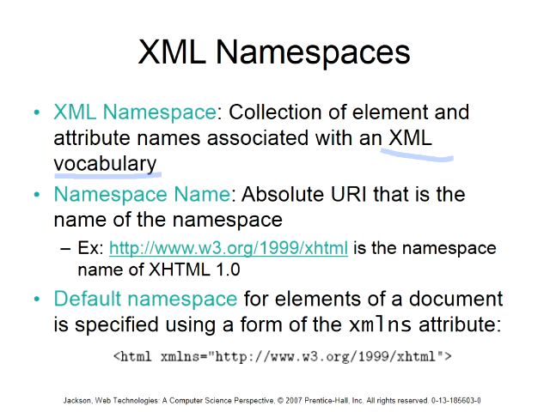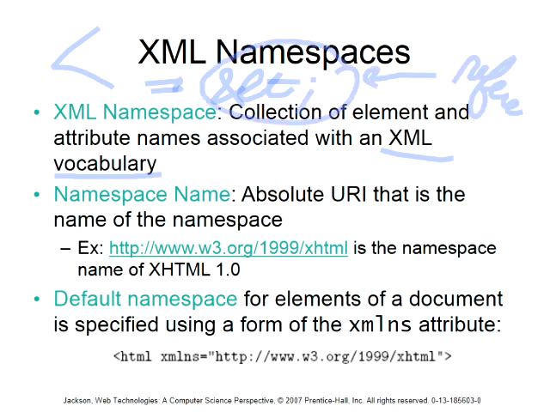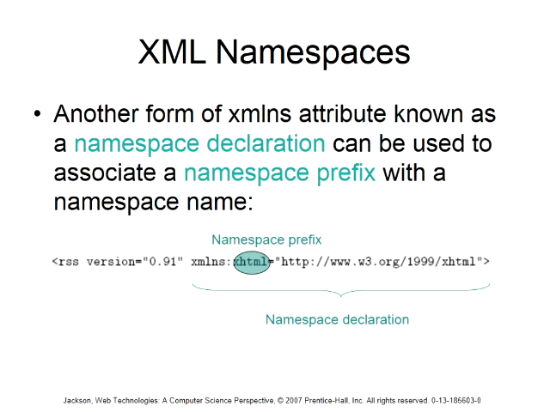So LT, AMP, APOS, and QUOT are references in XML, not the vocabulary. They represent references. So to write less-than, for example, we write LT. So this is a reference.